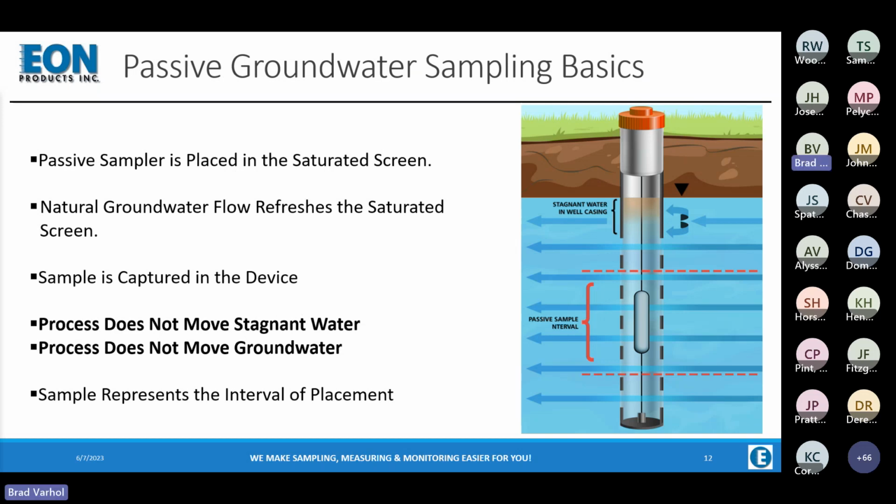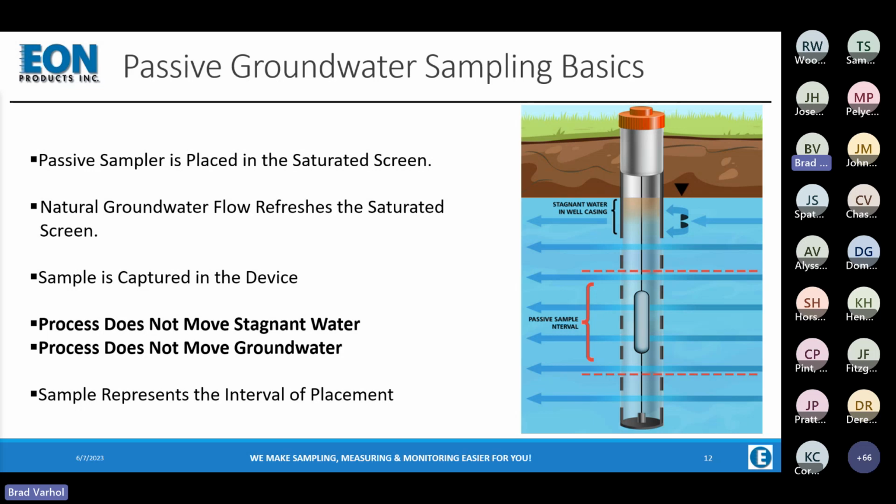So a quick overview on the basics of passive sampling before we get to the specific technologies. Here's our well that we were looking at earlier. So we place a passive sampler into the saturated screen zone where it intercepts the natural groundwater flow, which is constantly refreshing the screen and keeping it in hydraulic connection with the aquifer. By some means that we'll talk about in a minute, the sample is captured in the device.